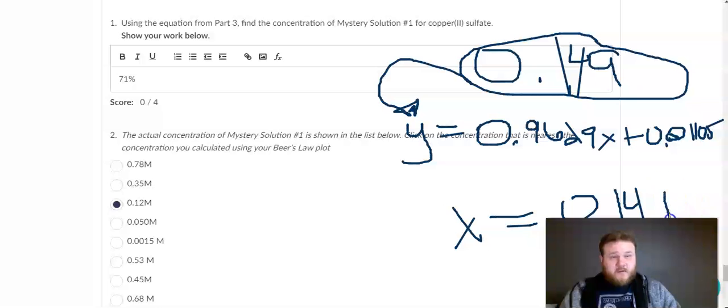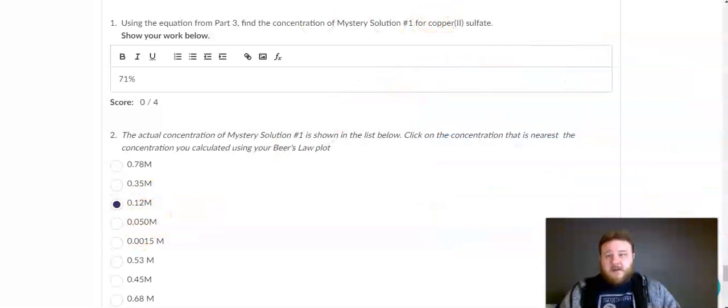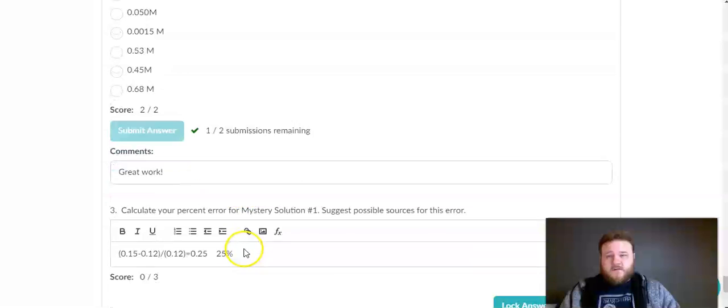What should that equal? That equals my molarity. Remember, x is my molarity. So look at these molarities that are given. What is 0.14 closest to? In this case, it's closest to 0.12. And that just so happens to be the answer, okay? 0.12.